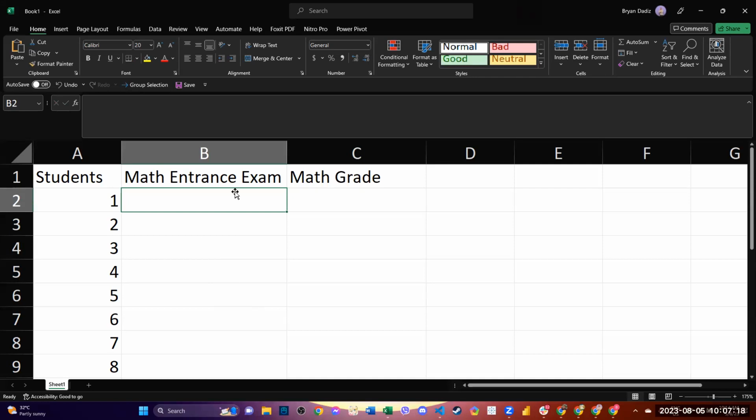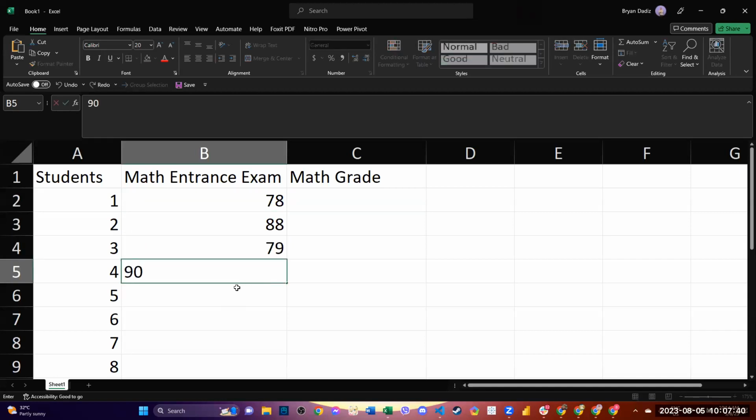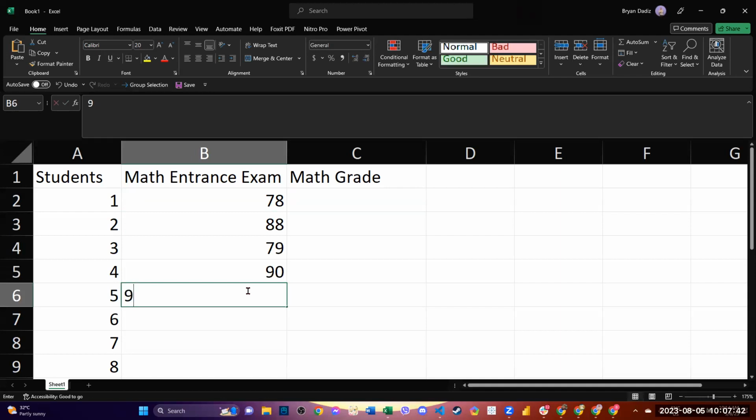So take note that this is past data from my survey. From that survey, probably student 1 has a grade of 78, and then another student has a grade of 88, another student has a grade of 79, a grade of 90, 94, 85.